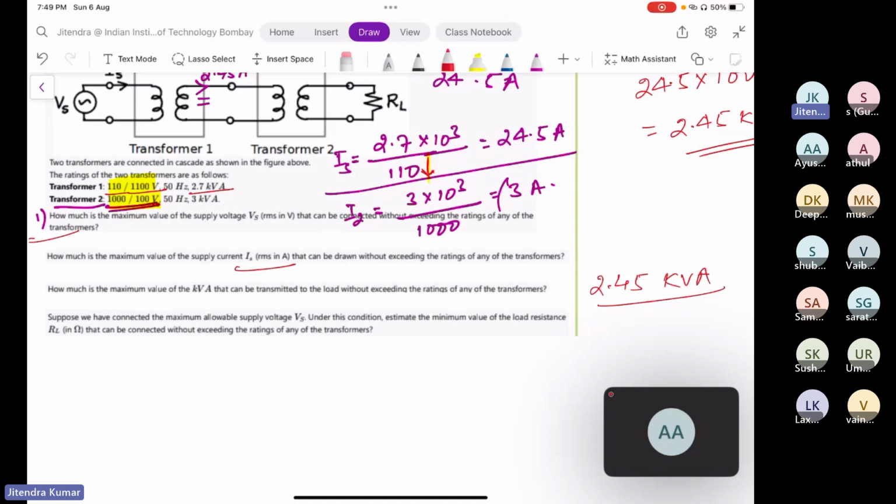So again, in this case, transformer 2 is getting underutilized, but we have to endure that and go ahead with this condition. And finally, we have to be happy with 2.45 kVA as the rating. And yeah, that should be the answer of this problem.